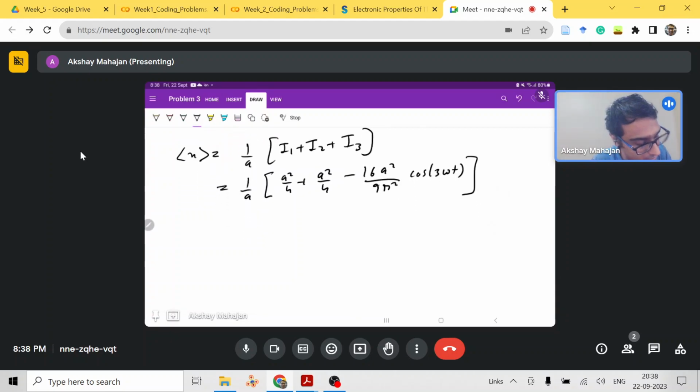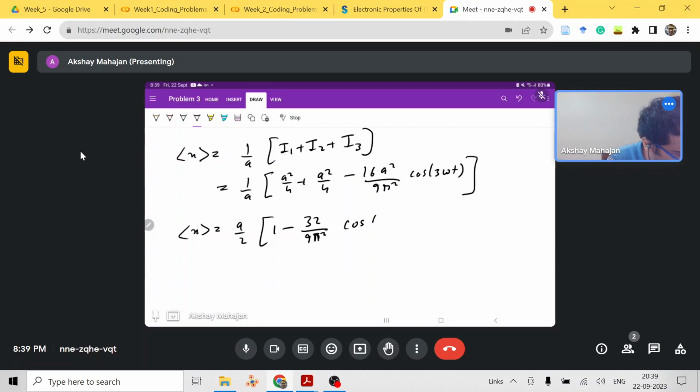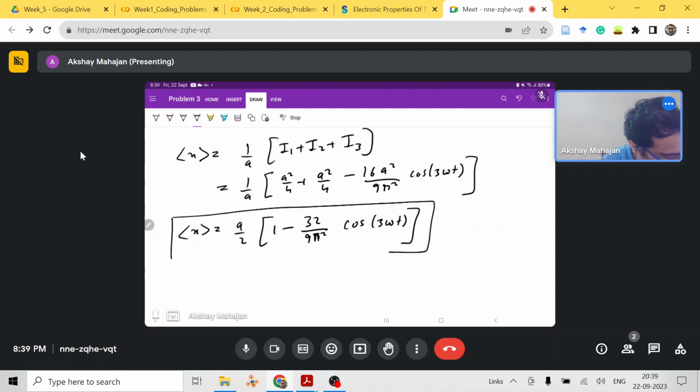Alright, for the sake of time, I have to go a little fast. So our expectation value now comes as a by 2 times 1 minus 32 upon 9 pi square cos of 3 omega t. Right, so this is our expectation value of x.